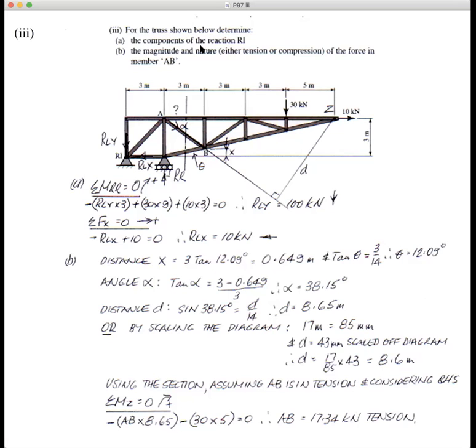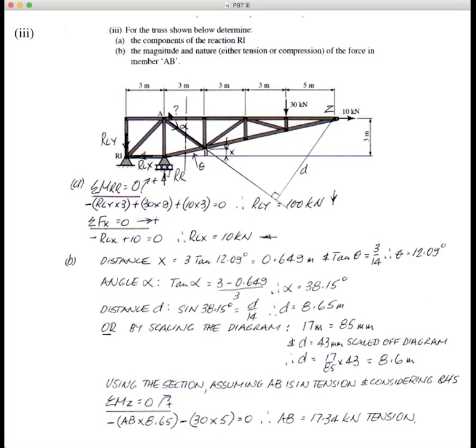So we've got to find the horizontal component and the vertical component at RL. And you don't have to use Pythagoras to find the actual reaction at RL. The question has just asked you for the components, and that will probably help us later on.